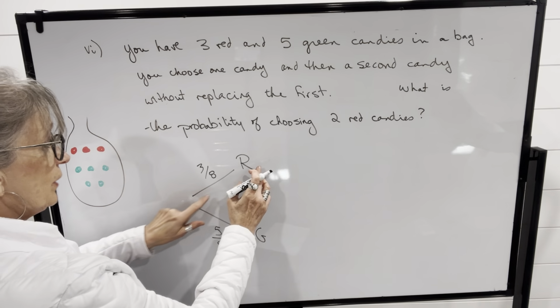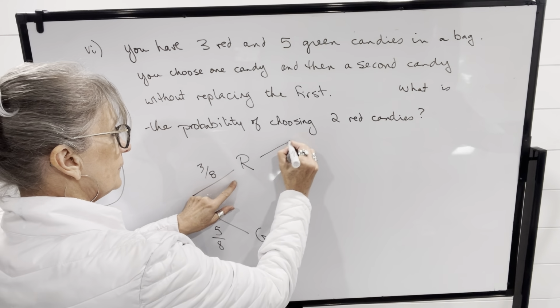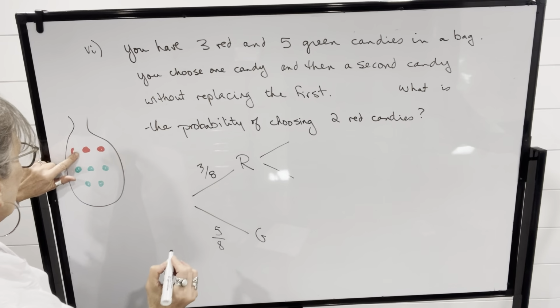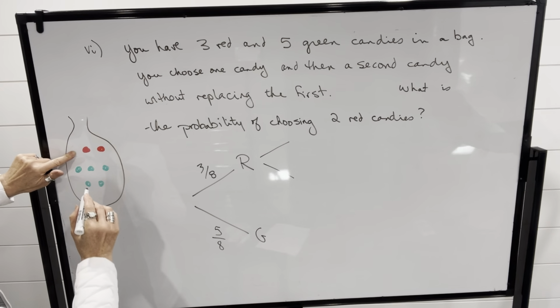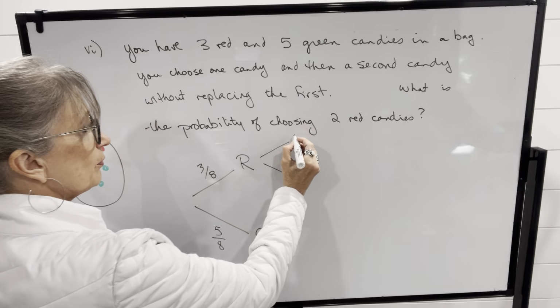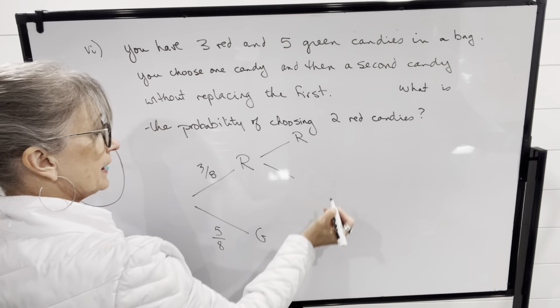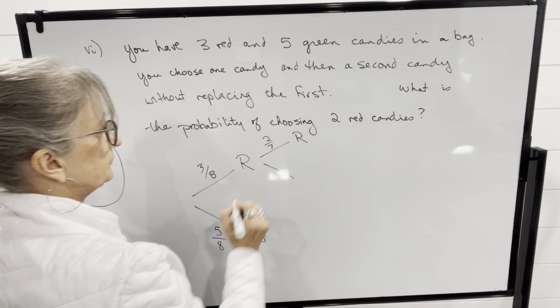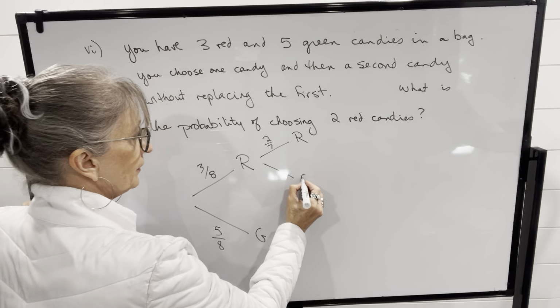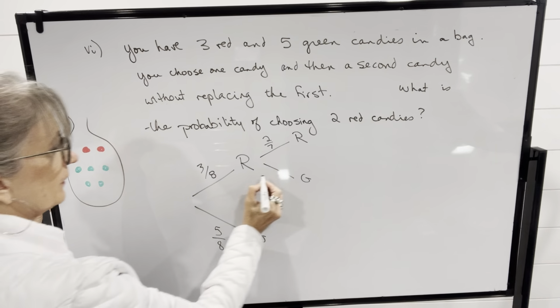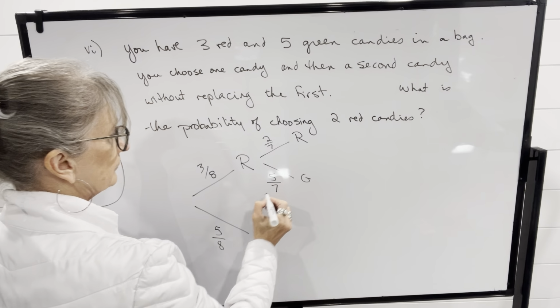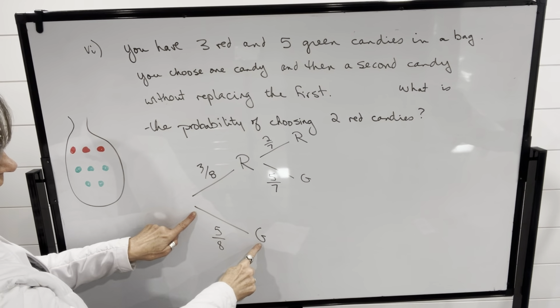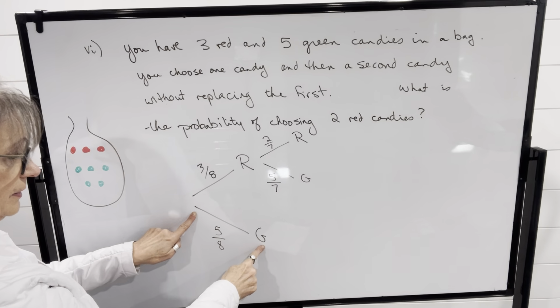Now, if I chose red, now I only have 2 reds and 5 greens. So then my probability of choosing a red on the second candy will be 2 out of 7. The probability of choosing a green will be 5 out of 7. Let's take a look at if I had chosen a green candy the first time.